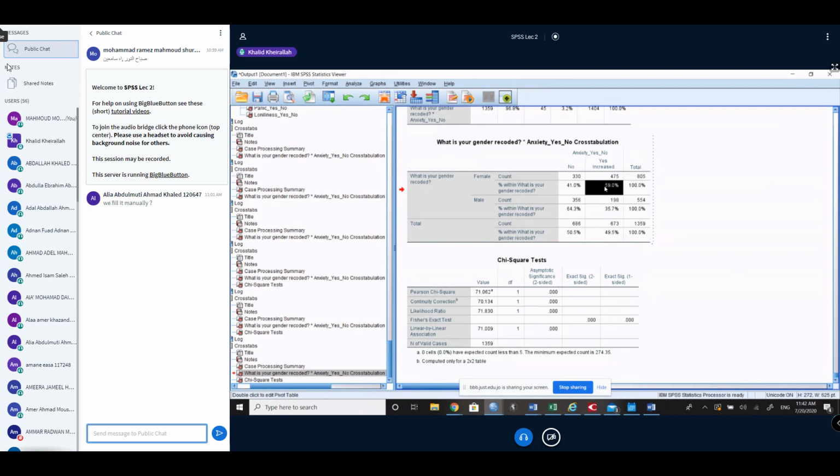Okay? Alternative hypothesis, or the research hypothesis. The research hypothesis is the hypothesis that we came up with. We wanted to assess anxiety level by gender, and we said females will have higher anxiety level compared to males. Female students will have higher anxiety level compared to males.